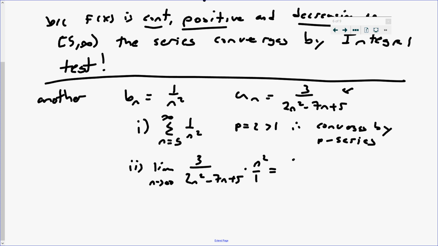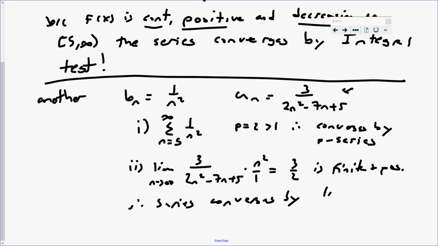And I'm going to get 3/2, which is finite and positive. Therefore, the series converges by limit comparison. Just another way to do it, and either way you do it, it's just worth 2 points.